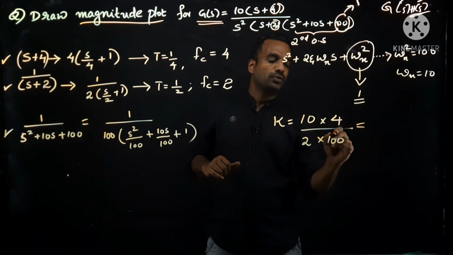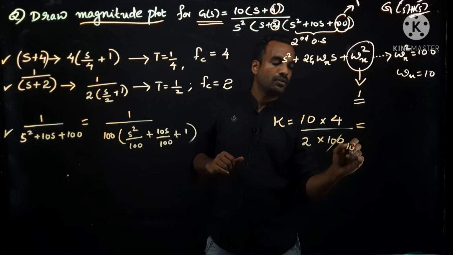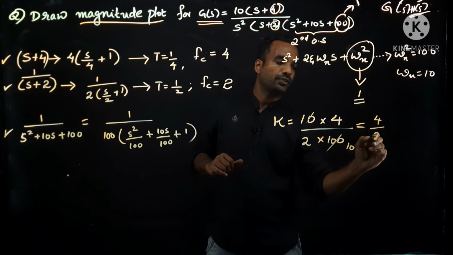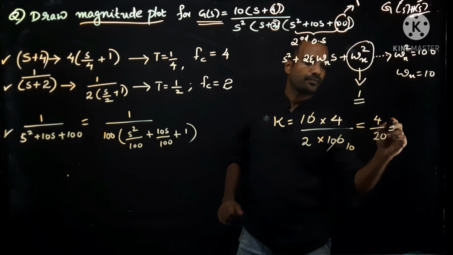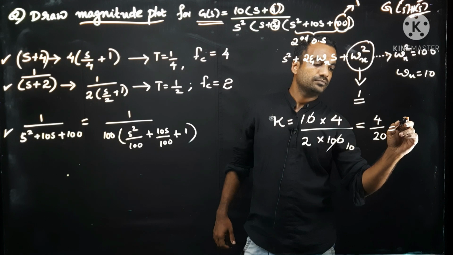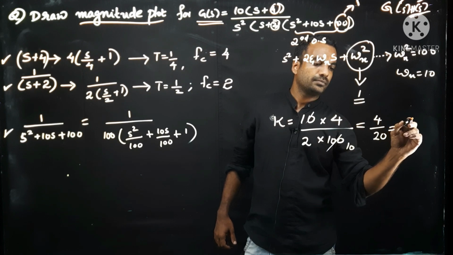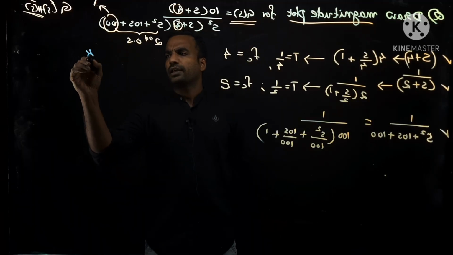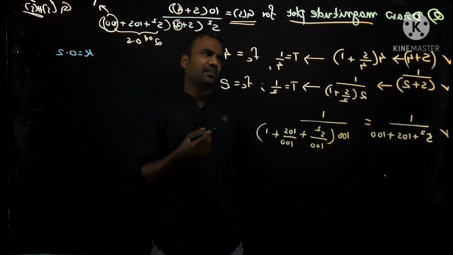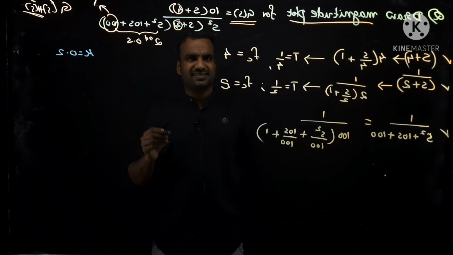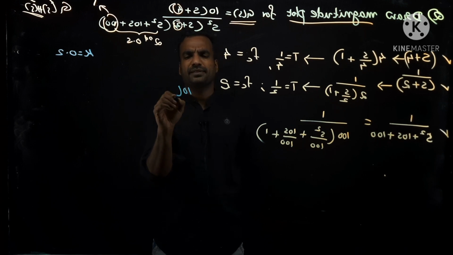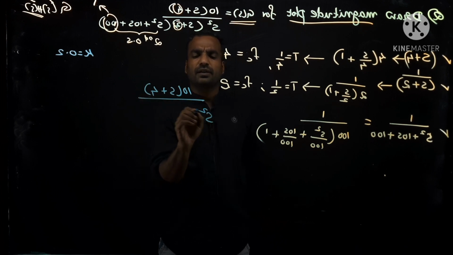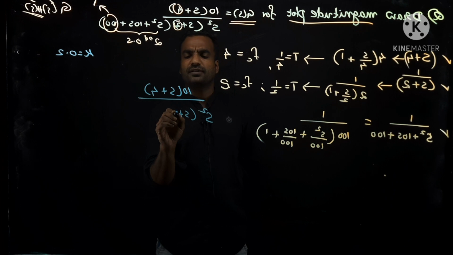Anyhow, this will give 4 by 20, which is 0.2. We got k equal to 0.2, and this is not this complicated. As this is the first problem, I am explaining it step by step. Otherwise, it is directly substituted in one step itself.